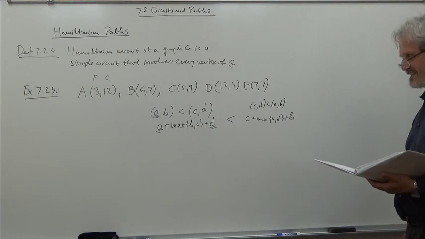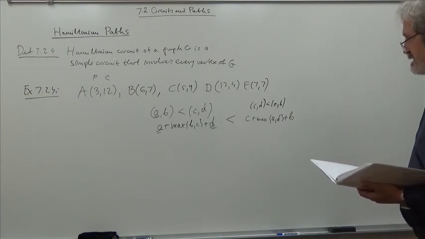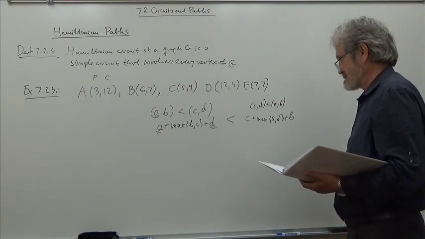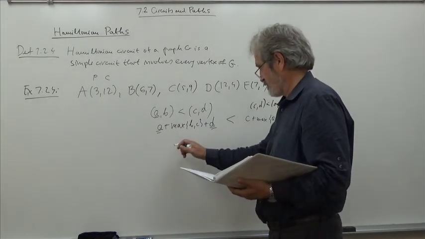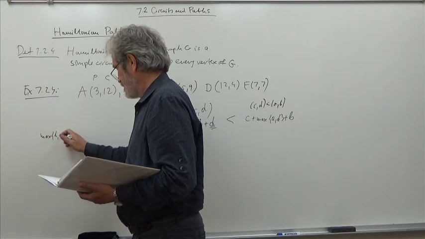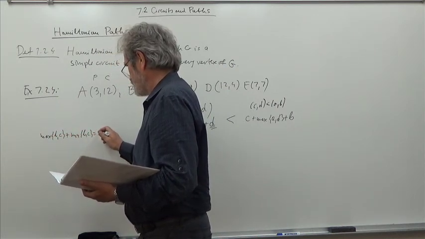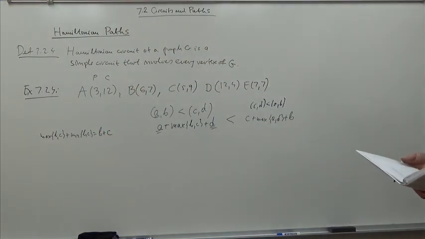And then there is a nice trick. The trick is that maximum plus minimum: max of BC plus min of BC is just B plus C, because one of them is the max and one is the min, and we don't care which, because of the commutative law.